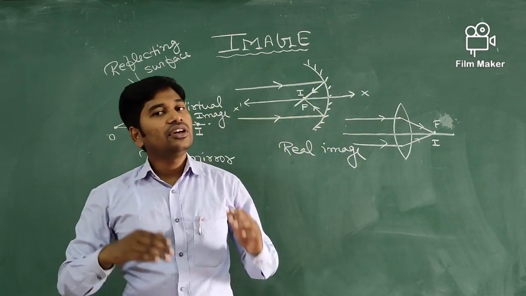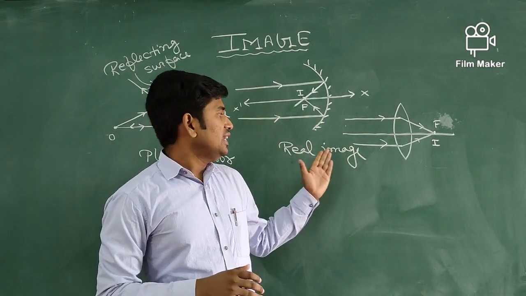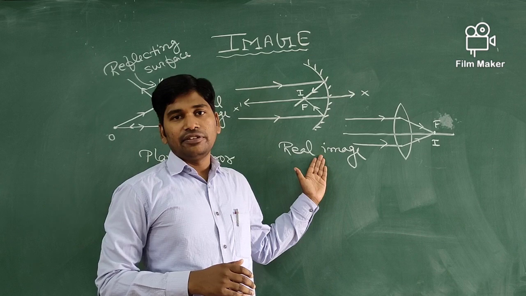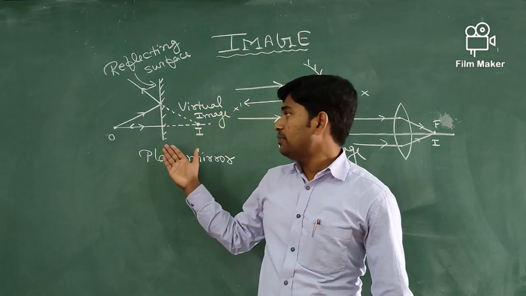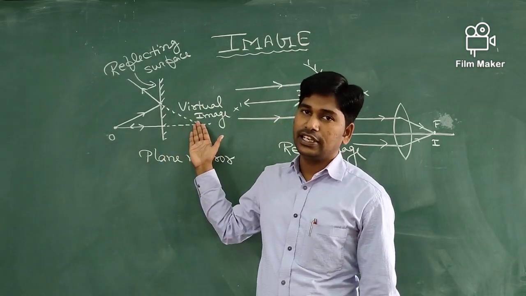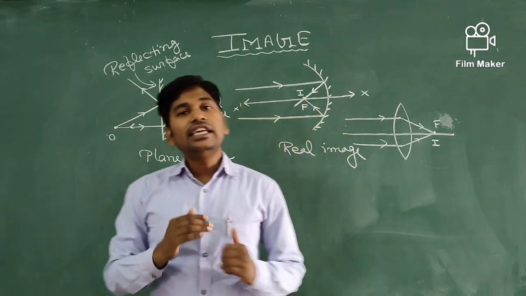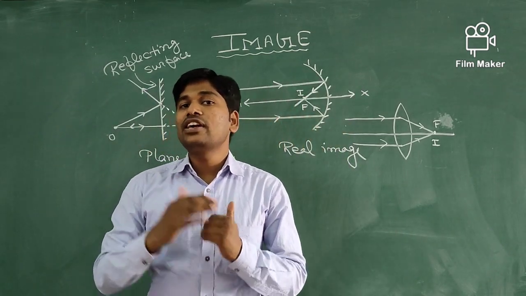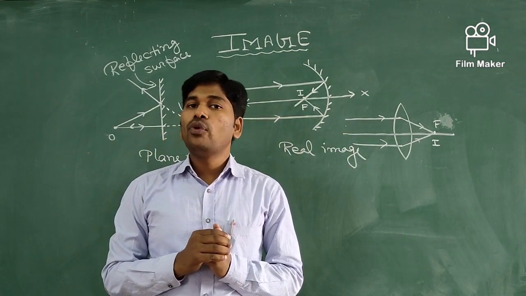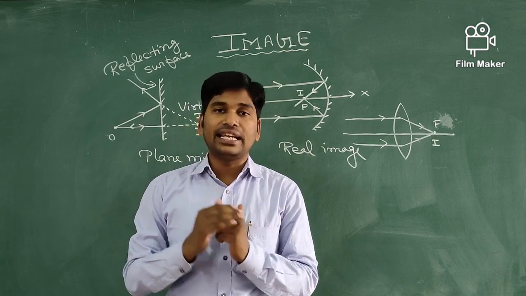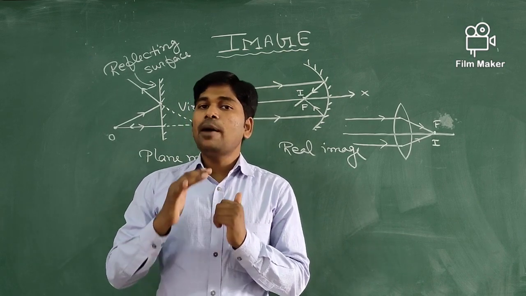Second difference, real image can be obtained on a screen. Virtual image cannot be obtained on a screen. Real image is always inverted. Virtual image is always erect. Erect means upright.